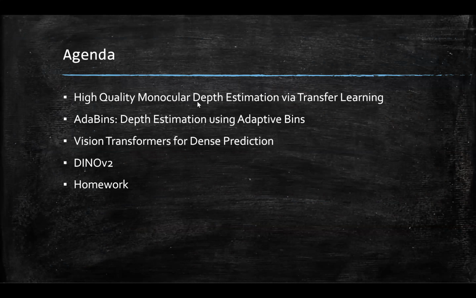The plan for today is to talk about 3 papers from the first 3 bullets. We will also comment on some recent work from this year, 2023, where I will refer you to read that paper. At the end, I will give you homework in the form of a Colab notebook, where you need to fill in some to-dos in order to make your first depth estimation model. The idea with this tutorial is to give you different perspectives on solutions to the same problem.